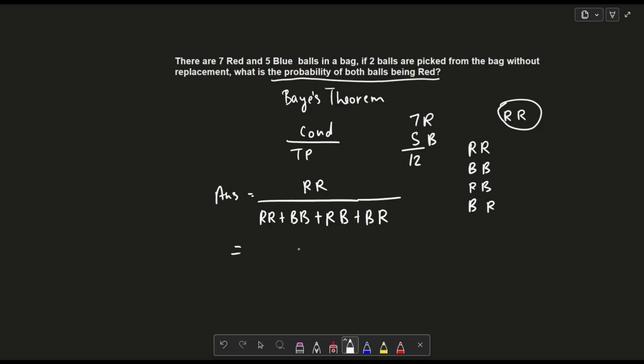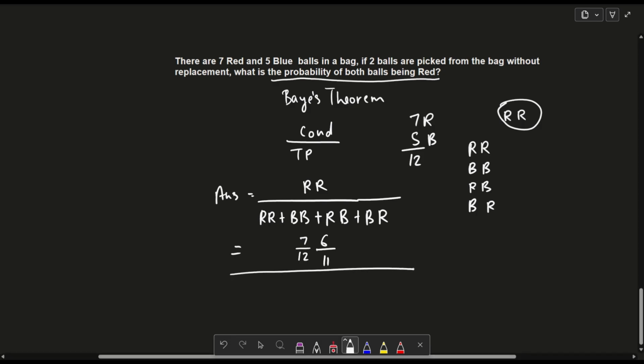Okay, so how can you get this? You know that the probability of getting first red is what? It is 7 by 12, right? Probability of getting second one red, since it said without replacement, and I have picked one ball out of red, so there are only six red balls left. Okay, so this will become 6 and total balls are 11, right? So we will write 7 by 12 into 6 by 11, right?